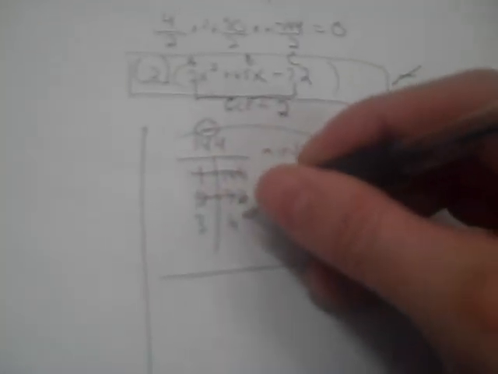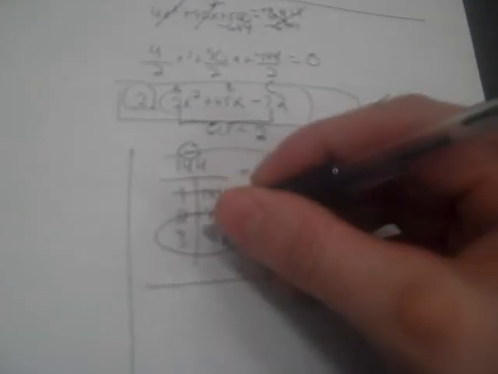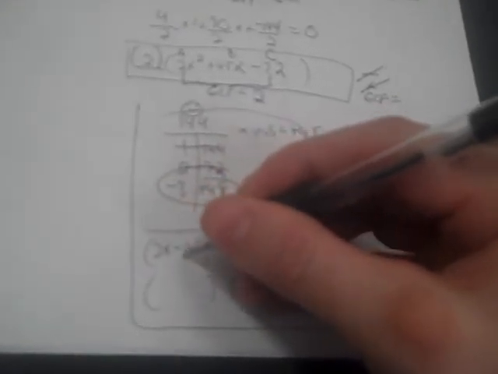Now I divide by 3. What's 48 minus 3? 45. So I have found it. So plus, and a negative means they're opposite. Okay. Now your a up there is 2x to the second. So again, we go 2x minus 3 and 2x plus 48.